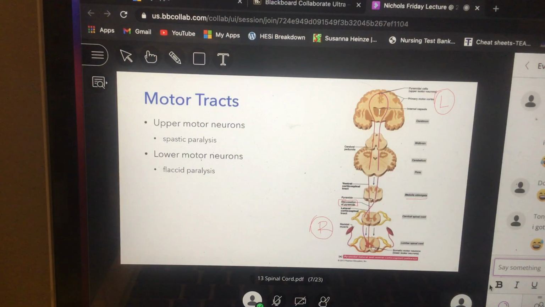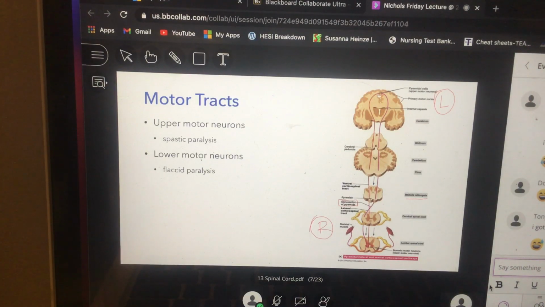But it starts low down in the spinal cord at whatever level, in this case maybe the lumbar region of the spinal cord. It could be cervical or thoracic too. But whatever level it needs to come out to get to that muscle, it starts right there. And it is in a synapse with this other neuron.